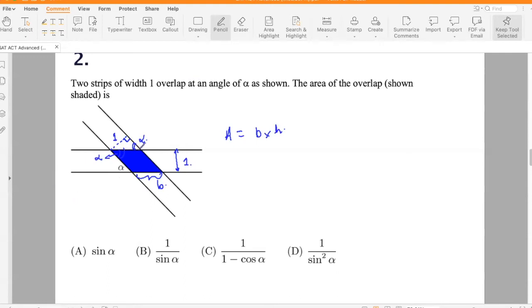So for the base B, if I use sine alpha, it will be opposite over hypotenuse, which is 1 over base B. So base B is 1 over sine alpha, right? So the area of the shaded portion would be B, which is 1 over sine alpha, times the height, which is 1. So that's 1 over sine alpha, option B.